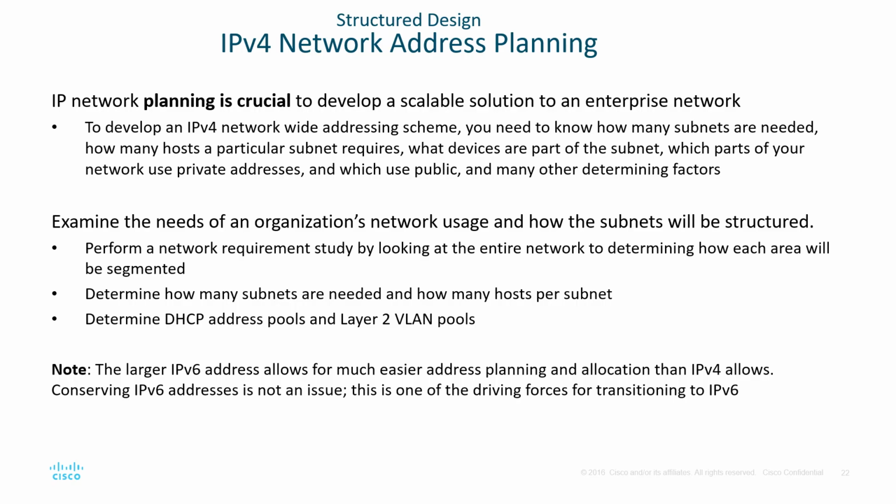You're going to determine DHCP address pools and layer 2 VLAN pools. You're not going to talk about VLANs during this course. That is Cisco 2. The larger IPv6 address space allows for much easier address planning and allocation than IPv4. So conserving IPv6 addresses is not an issue. This is one of the driving forces for everyone transitioning to IPv6.